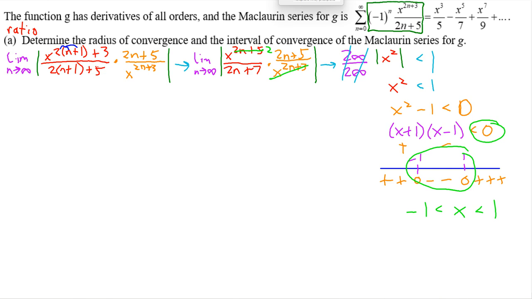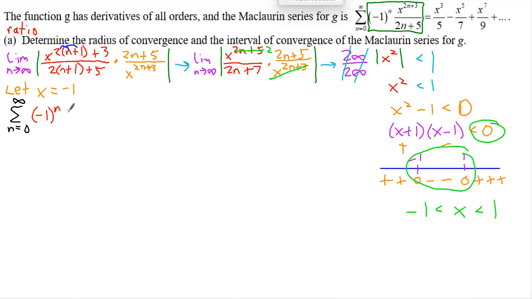All right, so let's first plug in negative 1 for x. So let x equal negative 1. So we'll have the sum from n equals 0 to infinity, and then plug in negative 1 there. So we'll have negative 1 to the n, and then plug in negative 1 right there for x.